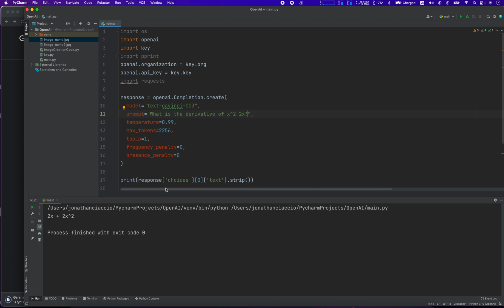Because it's 2x plus 2x squared. Oh, okay, that doesn't really make a ton of sense. So, you want to know why? Because I said what, but the question was really why. Why is the derivative of x squared 2x?